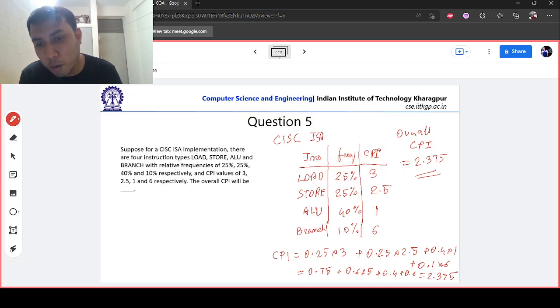It is an additive sum of the frequency and the corresponding CPI. So basically 0.25 into 3 plus 0.25 into 2.5, then 0.4 the frequency times its CPI, then 0.1 into 6. We add this up and it will come down to 2.375. That will be the overall CPI.